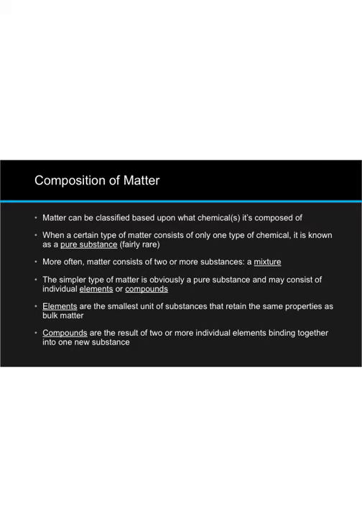Different atoms may belong to the same element or may come from different elements. Compounds, though, are always the result of two or more different types of individual elements binding together through chemical means. An example of an element could be oxygen.